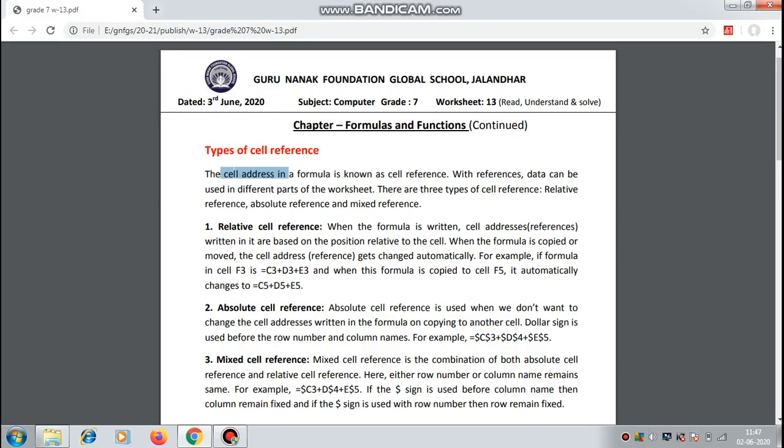In relative cell reference, the cell addresses written in the formula are based on the position relative to the cell where we are writing it. And when the formula is copied or moved, the cell address gets changed automatically.